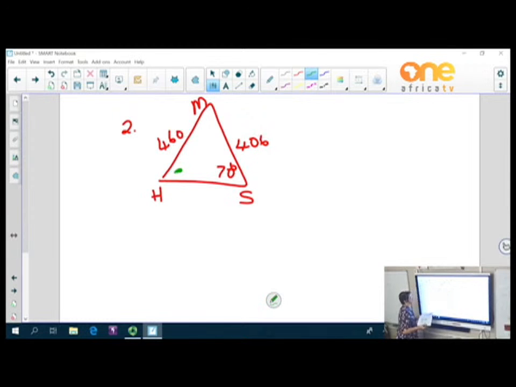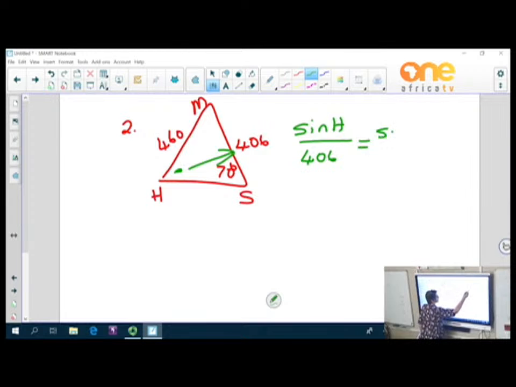This is what we want to calculate here. Do I have opposite sides and opposite angles? Yes. So I can say that sine H over 406, the opposite one there, is equal to sine 70, and this one is opposite 460.